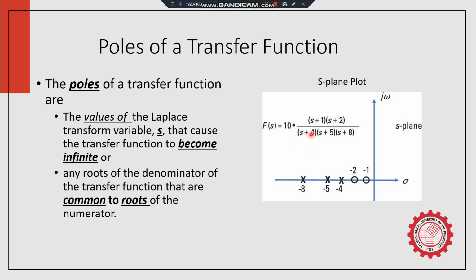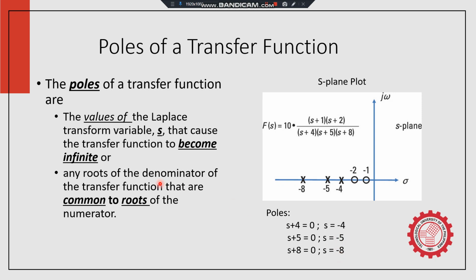So meaning to say, these terms or factors in the denominator, if we equate them to 0, it will make the whole transfer function infinite. And therefore, these will be the values of the poles: -4, -5, and -8.